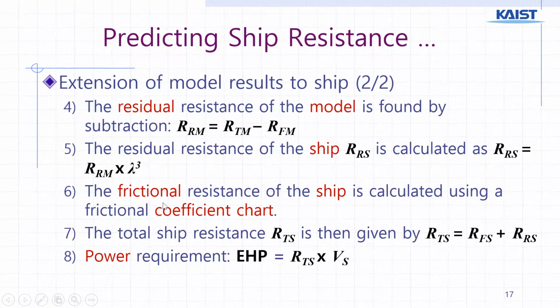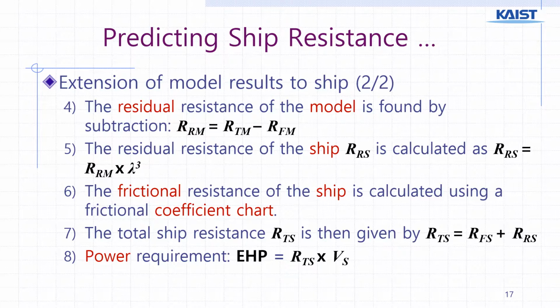And as we separate out, the frictional resistance is calculated using a frictional coefficient chart. Because it is based on area, length, and Reynolds number, you already have many tests with flat plates, and a chart of different cases. So you don't need to test a flat plate again. You can use only the chart to find the frictional resistance.